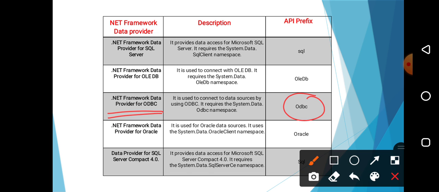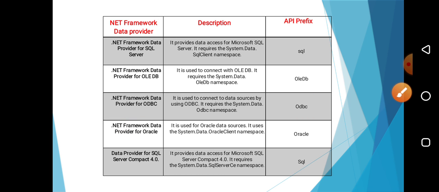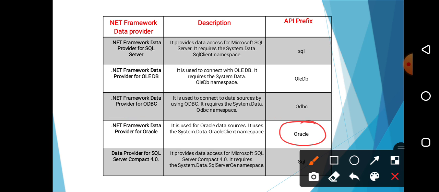Students, there are some namespaces for the same, and for ODBC we have the namespace System.Data.Odbc. There is also the .NET Framework Data Provider for Oracle. It is used for the Oracle data source, and it uses the System.Data.OracleClient namespace, and the API prefix is Oracle.